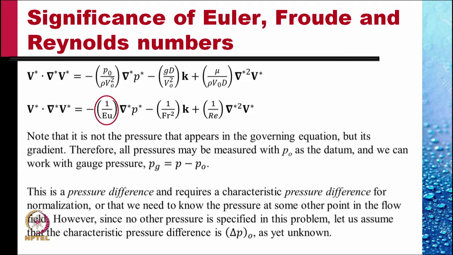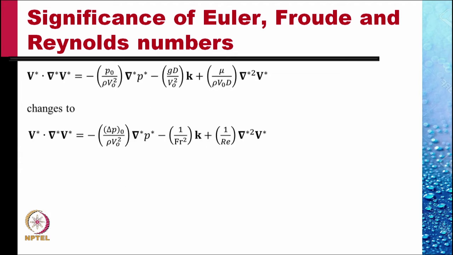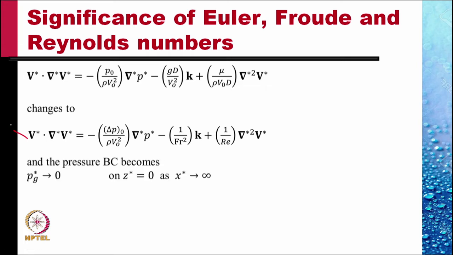So, let us assume that the characteristic pressure difference is delta P sub naught, which is as yet unknown. If we make the changes, the equation that we started with changes into this second equation. And the pressure boundary condition becomes Pg star tends to 0, the non-dimensionalized gauge pressure tends to 0.